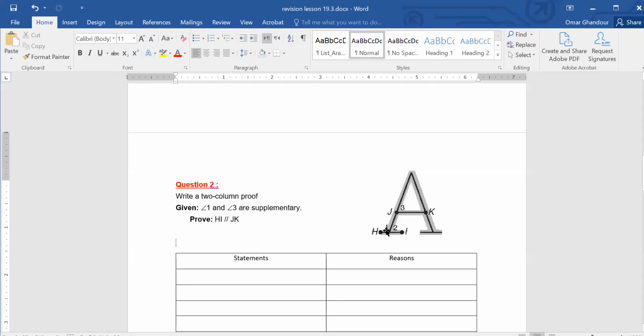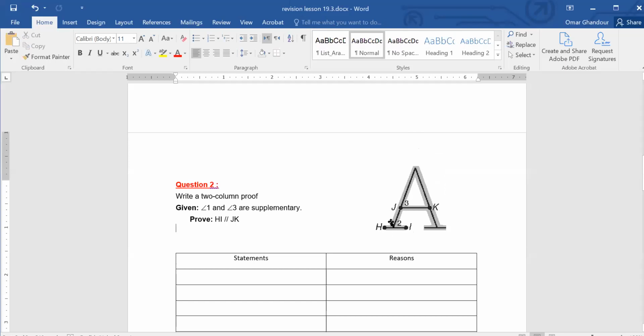So again, 1 and 3 will not help me to prove that the lines are parallel because they form nothing together. But angle 2 and 3 form corresponding angles. If I prove that 2 and 3 are equal, I can say that these two lines are parallel using converse of corresponding theorem.